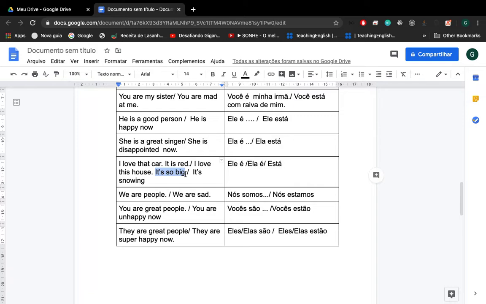The point is it's supposed to be there for years and years or even forever. It's a house, okay? It's not gonna stop being big. It's so big. So if I say it's so big referring to the house, which is female, it's gonna be translated as ela é. Ela é. Okay.